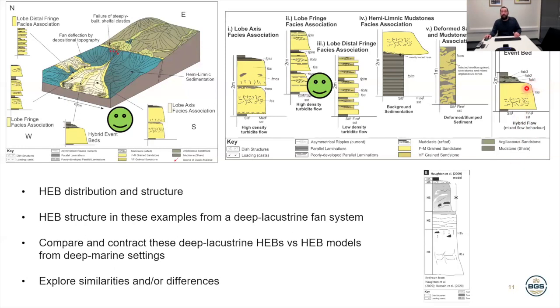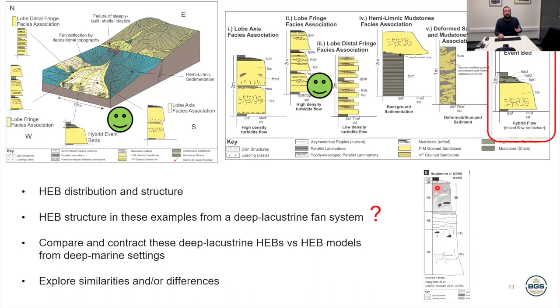But the important thing is to note that there were three intervals, or three key subunits, identified in that paper within the upper debritic unit. That's made us go back and consider HEB structure in some detail, not just the distribution, but the internal structure of the hybrid event bed itself.